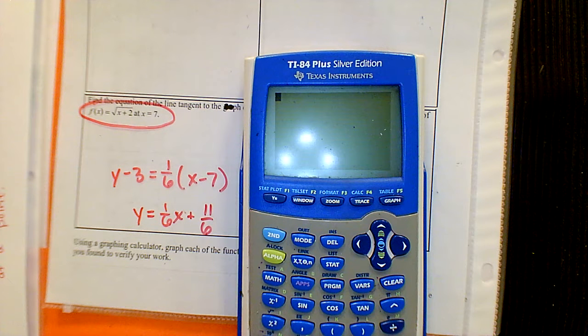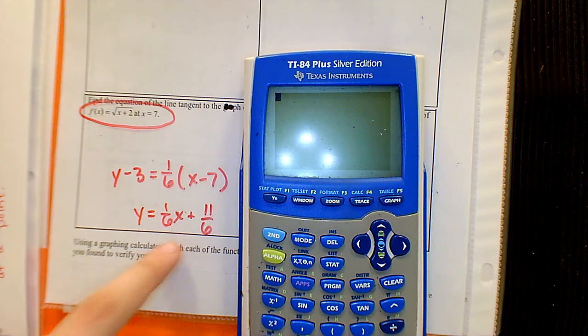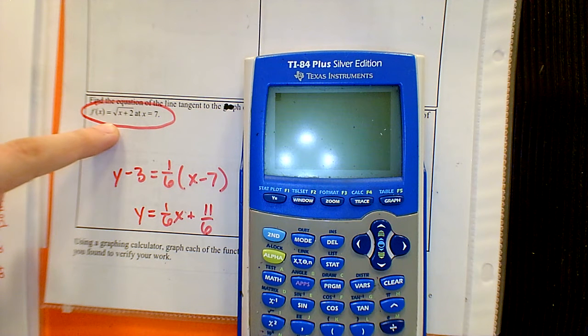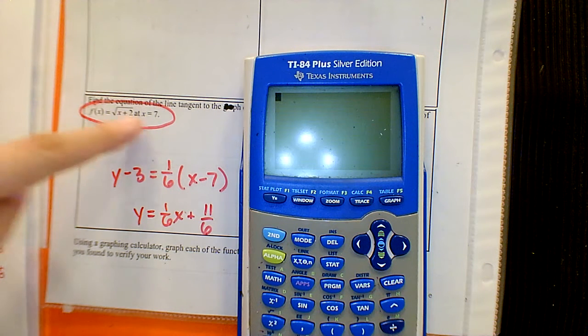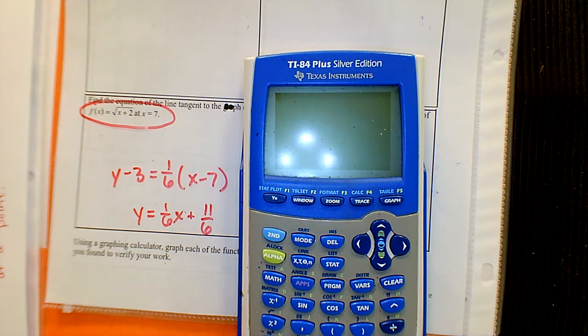So we're going to see, is this the correct equation for the tangent line? Does this line only touch the graph of the square root of x plus 1 at this x value of 7? Does it touch there just once? The definition of a tangent line is touching a graph at one spot.